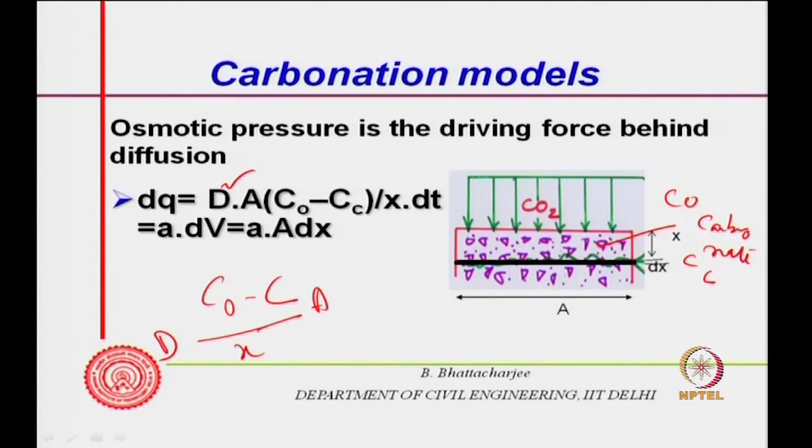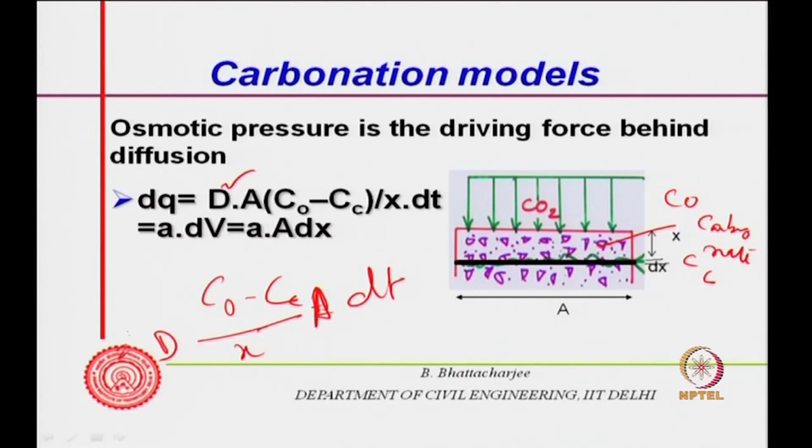So, as it comes in, the gradient will be (C0 minus C) divided by x, where C0 is outside and C is inside, and we assume that the gradient is constant there, multiplied by the area A. This is the amount of carbon dioxide that would be coming into dx, the flux, multiplied by dt, that was the rate.